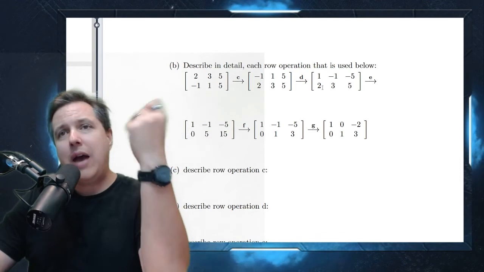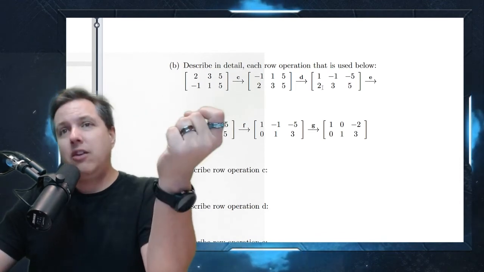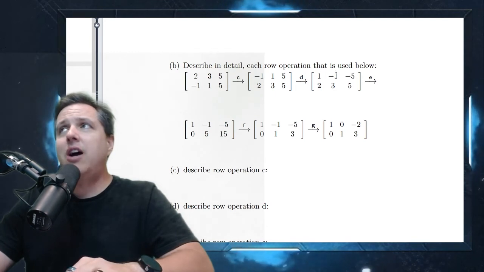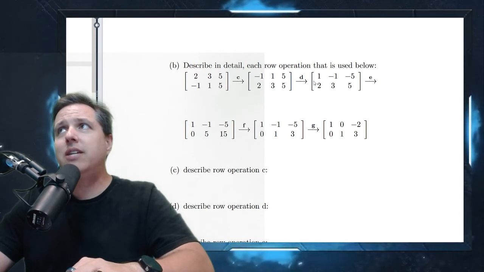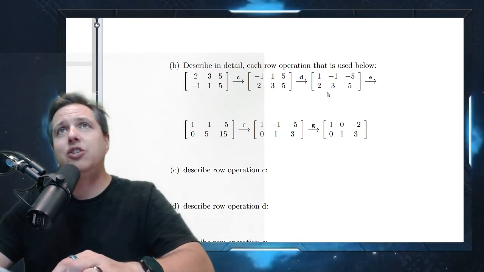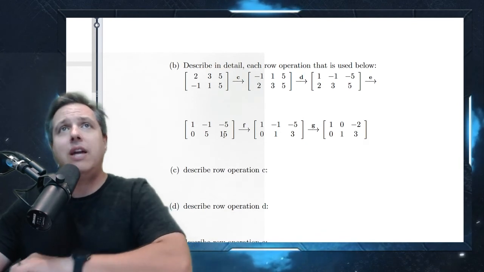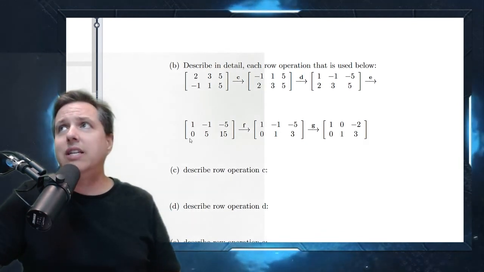Which multiple do you add to that row? It's whatever's going to give you a 0. So if I take -2 times this top row and add it to the bottom row, then -2 plus 2 gives me a 0 right here in that position that we want. So that's what we do. We take -2 times the top row, add it in here, and it gives me 0, 5, 15. Great. Look, our first column is totally taken care of.